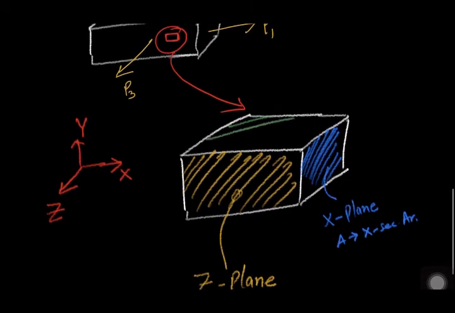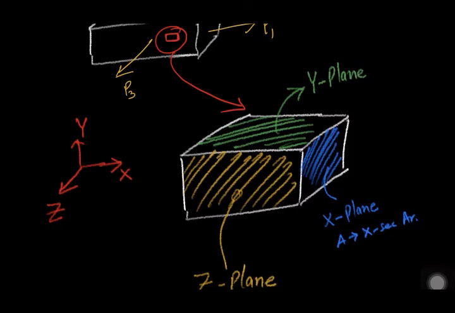And this will be called the y plane, all right, having a cross-sectional area of A.